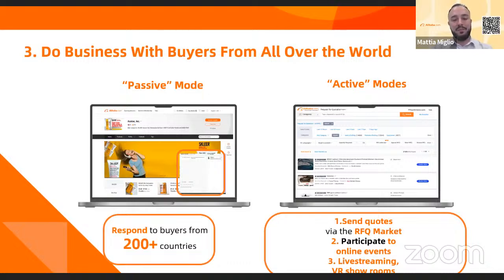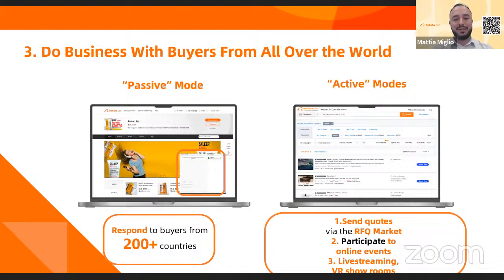Usually, buyers have specific requirements, not only in terms of a product description or a certification, but also on the time of delivery and so on. So it's very important that you set your filters and that you check your requests for quotation on a daily basis. Our buyers post more than 20,000 requests for quotation daily.